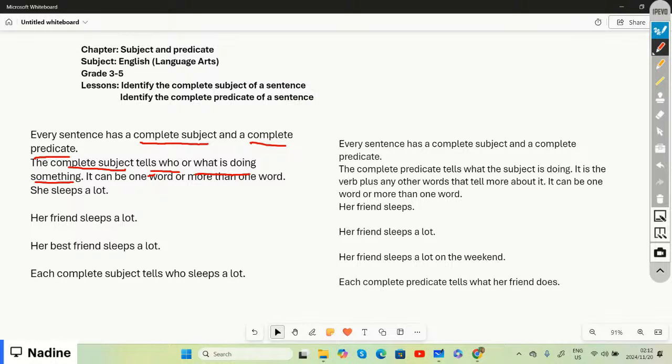We would then say she is our complete subject, because it tells us who is doing something. So who is doing something here? She is doing something.